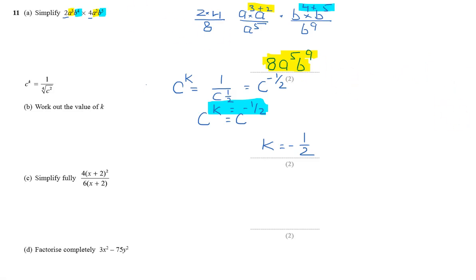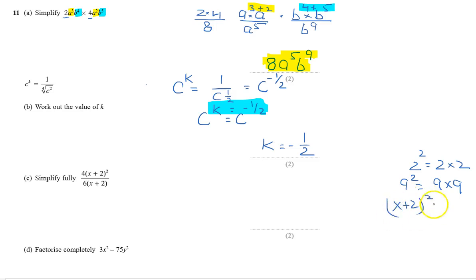Now this question is, we know that 2 squared is equal to 2 multiply 2. 9 squared is equal to 9 multiply 9. Whatever number is squared means multiply it by itself. So here (x plus 2) squared can be written as (x plus 2) multiply (x plus 2).